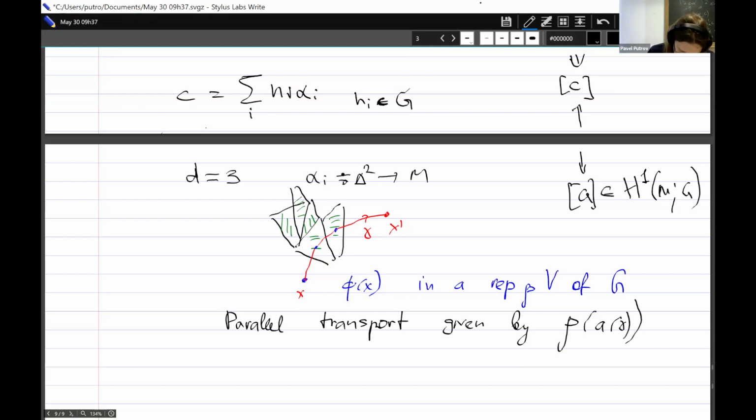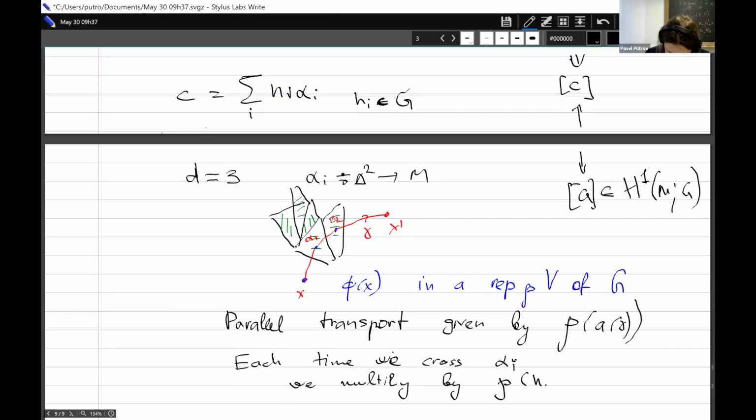Each time we cross some alpha i in this network, here for example we crossed alpha 1, then we crossed alpha 2, we multiply by rho of n_i.